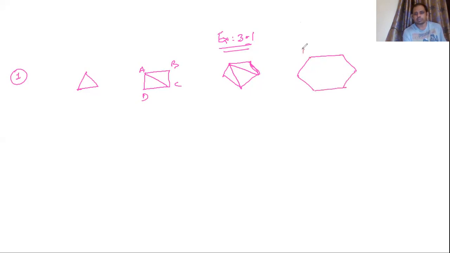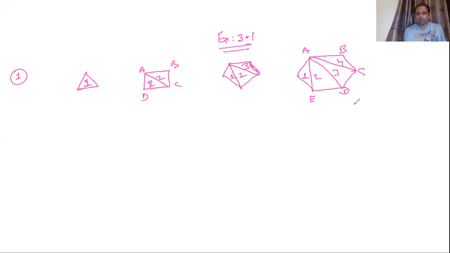Just fix this one. Suppose this one is A, B, C, D, E. If you fix this one and draw, then 1, 2, 3. How many triangles are there? 1, 2, 3, 4. 1 triangle here, 1 and 2 triangles here, 1, 2, 3 here, 1, 2, 3, 4.